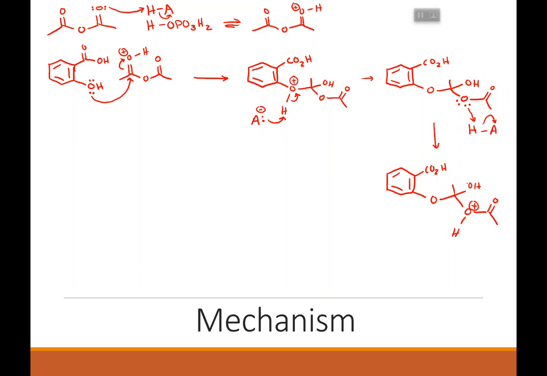So this oxygen from this hydroxyl here is going to utilize two of its electrons to reform a carbonyl. And in doing so, it's going to kick out this leaving group. Okay, and that leaving group is just acetic acid. So that's going to be a really good leaving group here.